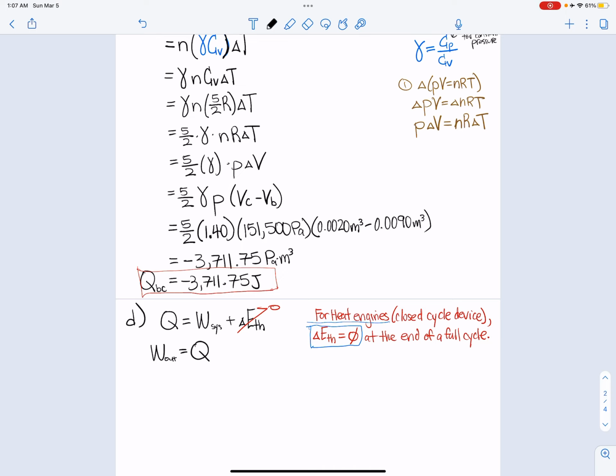And that work out is just the work done per cycle by the heat engine.